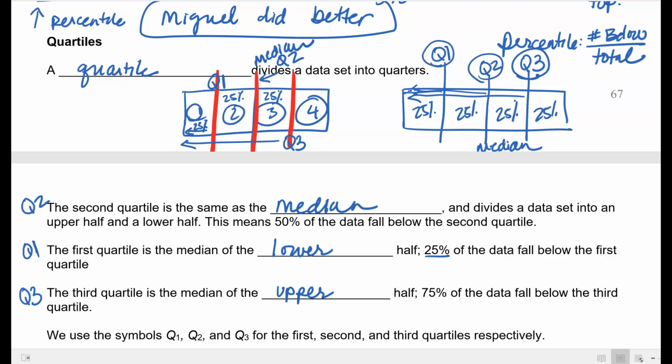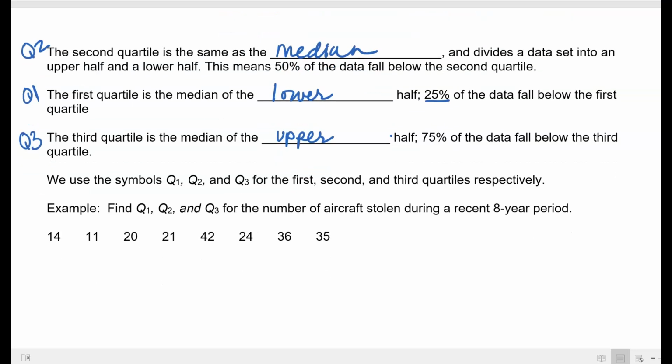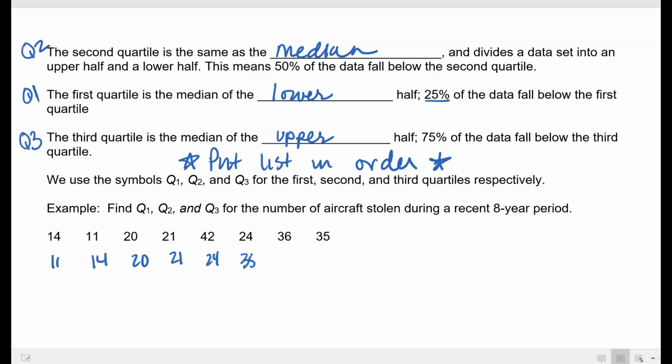Okay, so let's look down here and do this next example. The very first thing you want to do is put the list in order. So put the list in order, really important. Okay, so I'm just going to write these numbers in order: 14, 20, 21, 24, 35, 36, and 42.